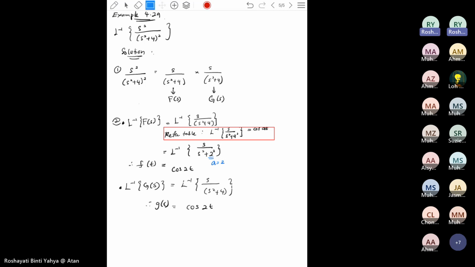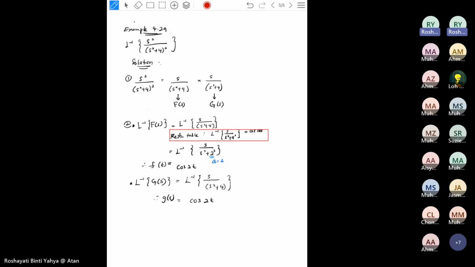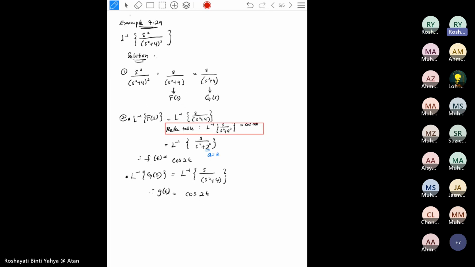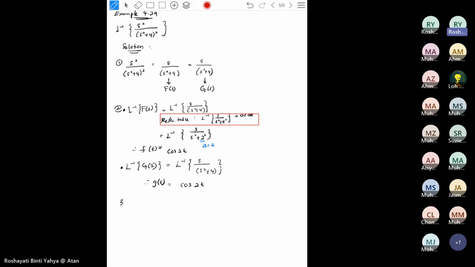Then next step apa? Okay. FU, GT minus U. Find FU. FU equal to cos 2u, GT minus U equal to cos 2t minus u.